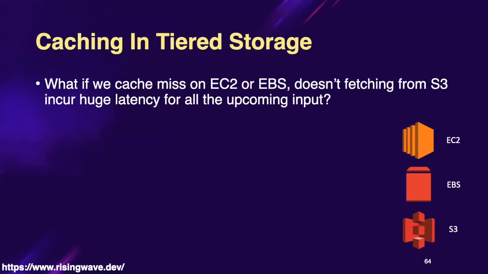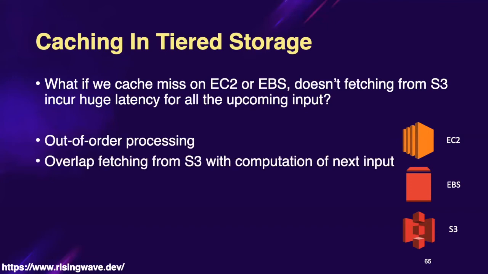Another problem for tiered storage is caching, right? So what if we have a cache miss on EC2 or EBS? Fetching from S3 would incur huge latency for the upcoming input, right? The way of alleviating this issue is that we can do out of order processing, right?